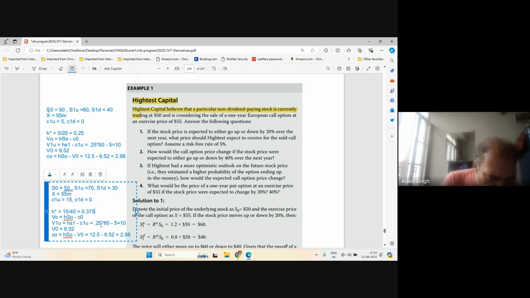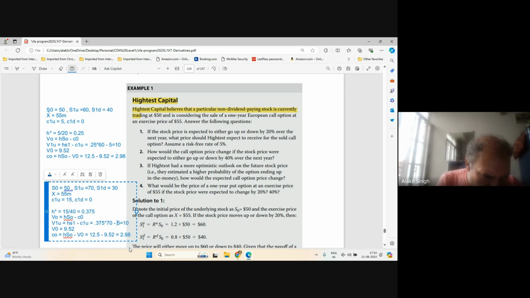Okay, so V0 is this now. V1, how much is V1? 0.375 times V1U 70 minus 15.